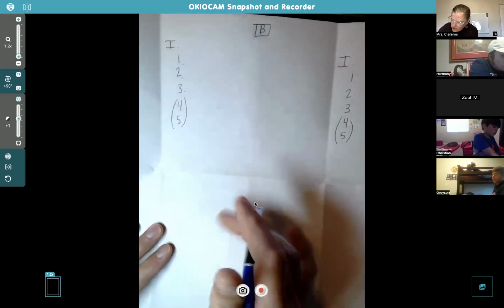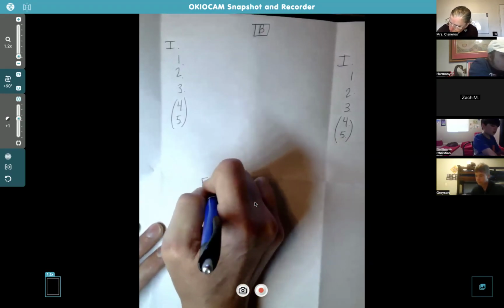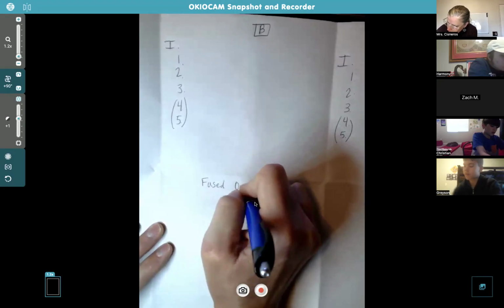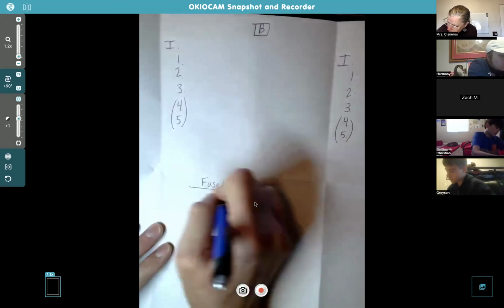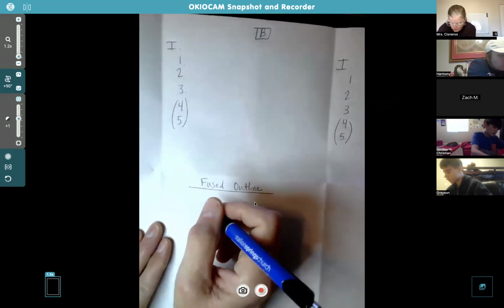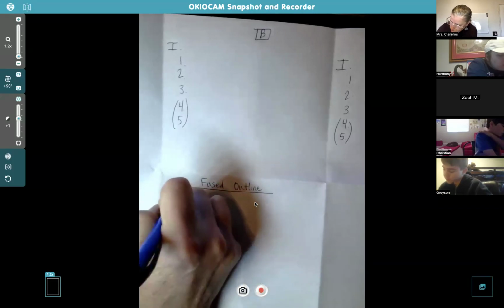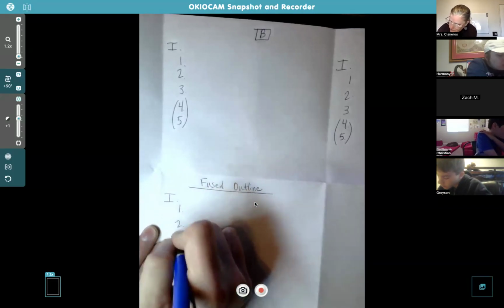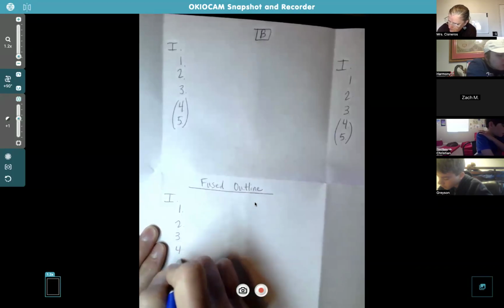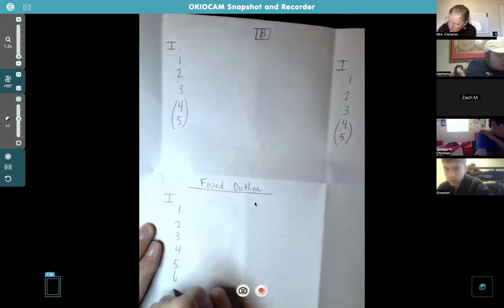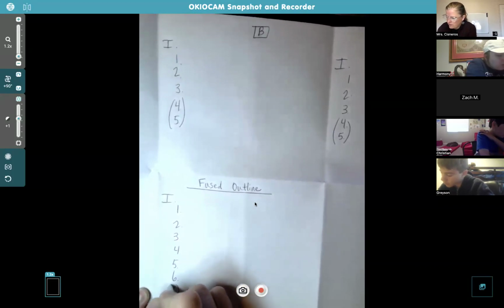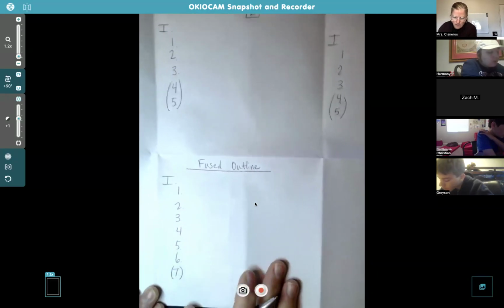And then under B in the middle at the bottom, the fused outline. And this one's going to be 1 through 7. So Roman numeral 1 and then go all the way to 7. 7 is going to be in parentheses in case you need it.